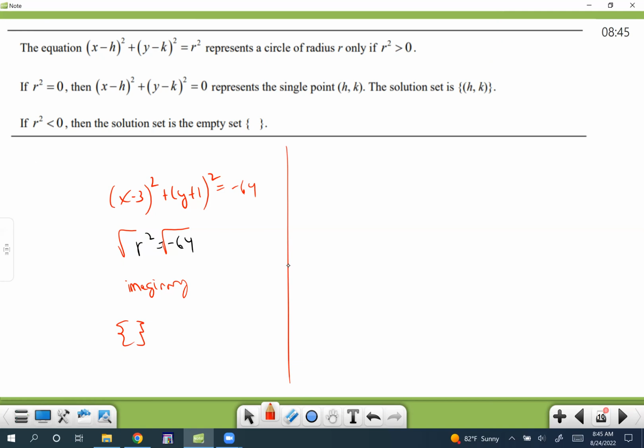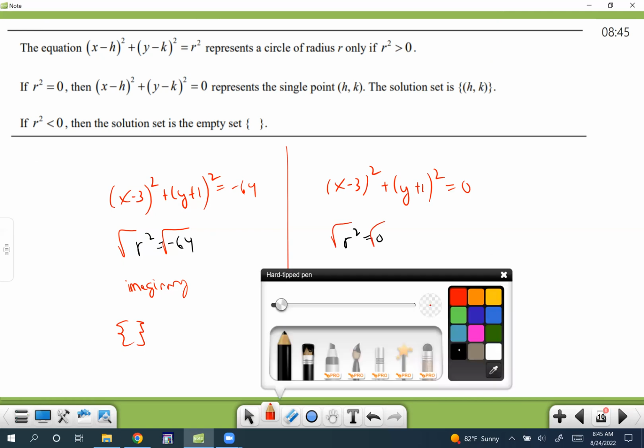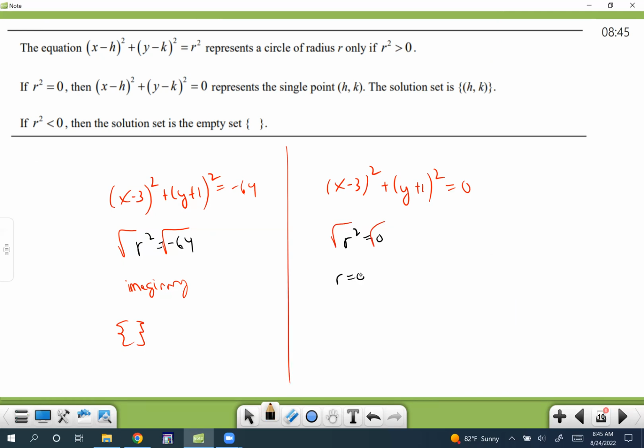Now, if you have the case where it's not negative, but let's say it's 0 on the other side, then r squared equals 0, and you square root, and you get that your radius is 0. So what would that mean?